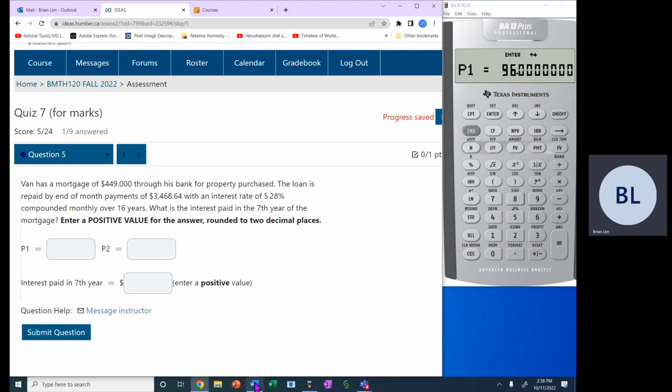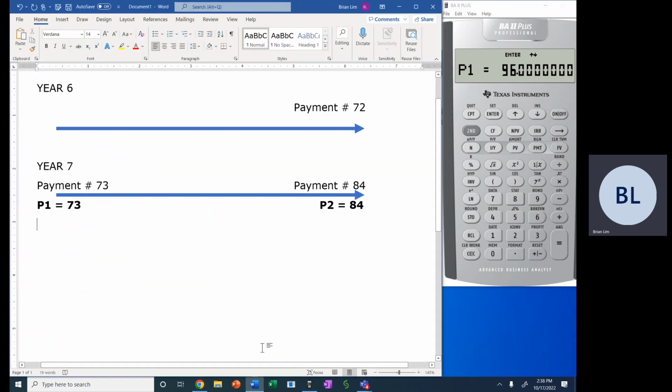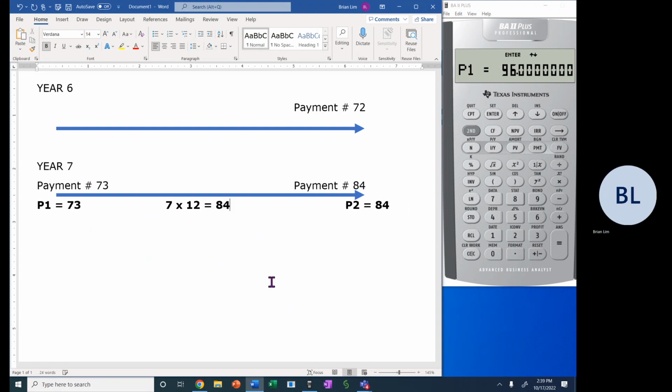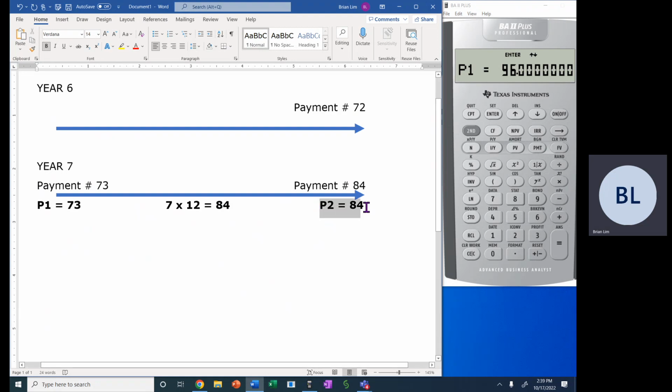The payments are monthly, so 12 times per year. 7 times 12 will give us 84. If we do that right here, we go 7, multiply by 12, and we get the result of 84. So the last payment number is 84.